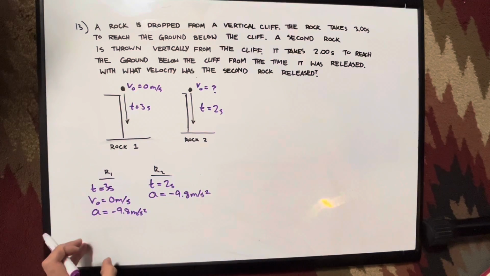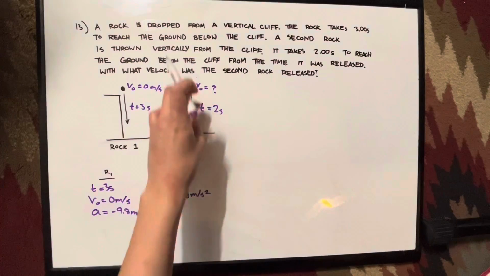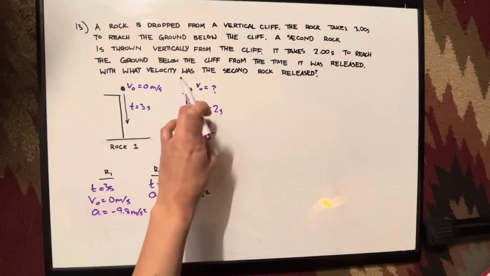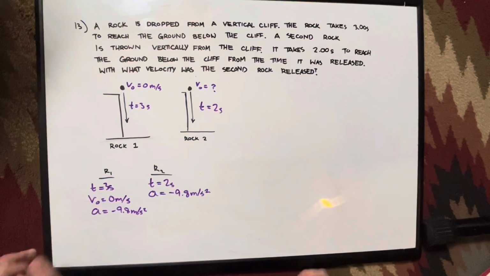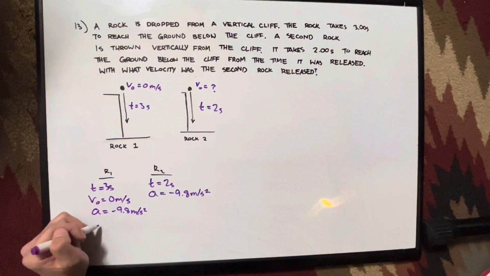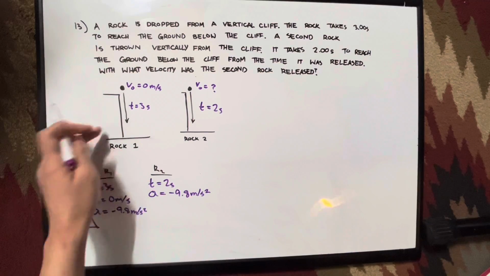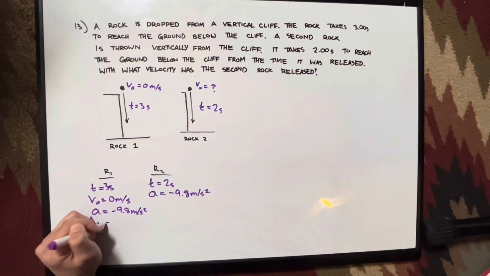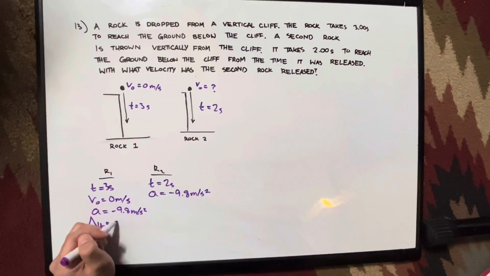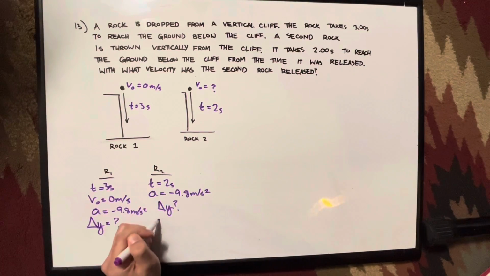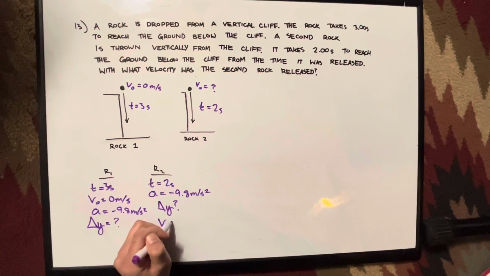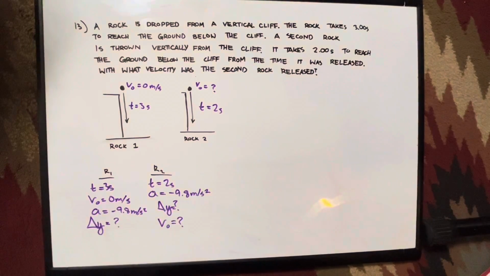And since we don't have our final velocity, then we're not going to be able to find that. So what we can do is look for our change in x, or in this case, change of y, since we're dealing with a vertical. So we're trying to look for this. So how do we do that?